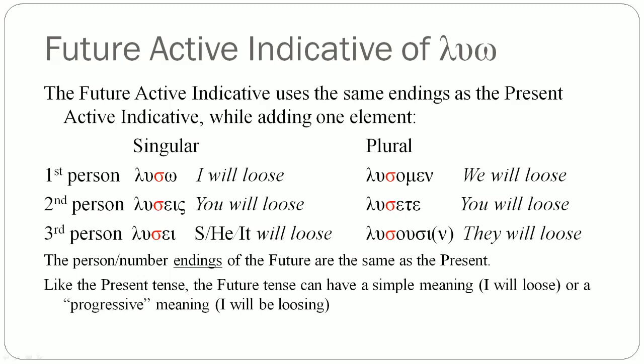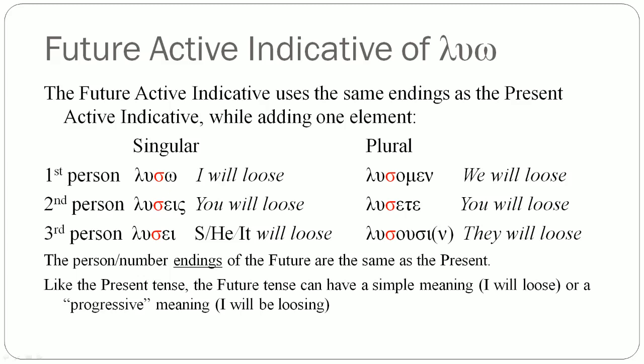All right. And again, if you look at those endings, exactly the same as the present tense, so very nice. Easy to remember. If you've got the present tense endings, you now know the future tense endings. Okay, and you should be able to recognize person and number, no problem. Like the present tense, the future tense can have two meanings.